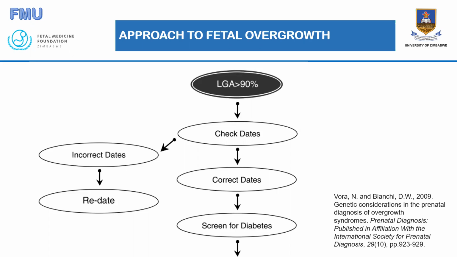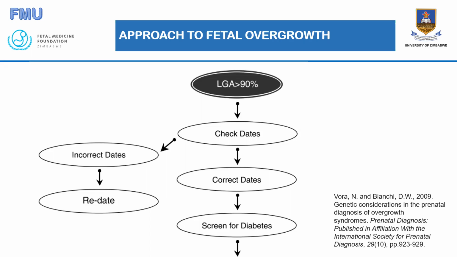Even if the woman does not have a family history of diabetes, you still go on and screen for gestational diabetes, or even for overt diabetes, because most women we see in our units rarely have any form of testing outside the pregnancy. So diabetes can exist as a silent disease in a big proportion of people. Because of this, you still go on and screen for diabetes.